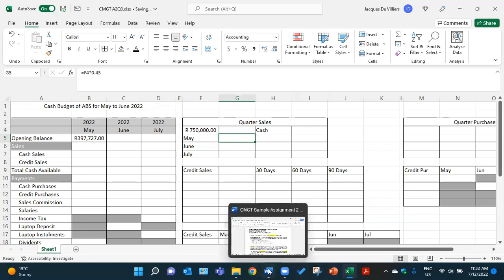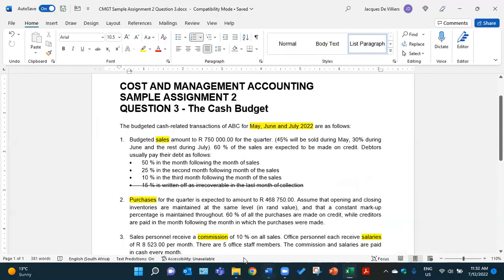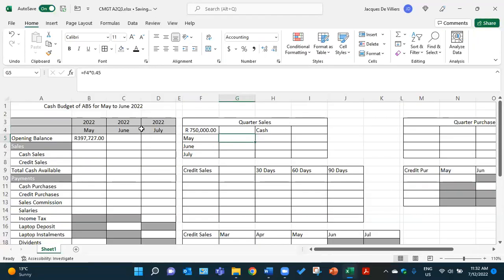Sorry about that. So what we are told is that when we look at this total sales, 40% will be sold in May, 30% in June, and the rest in July. I already explained that. So that 45% there, it amounts to 337,500. The 30% there amounts to 225,000, and the rest, now there's two ways to calculate the rest.